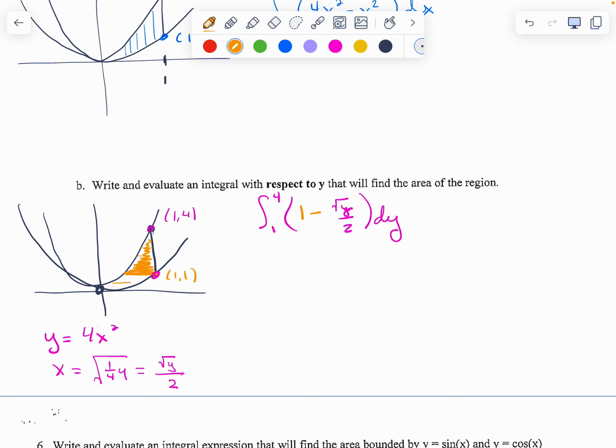The other area that I'm looking at, this section right here, I'm doing my curve, y equals x squared.